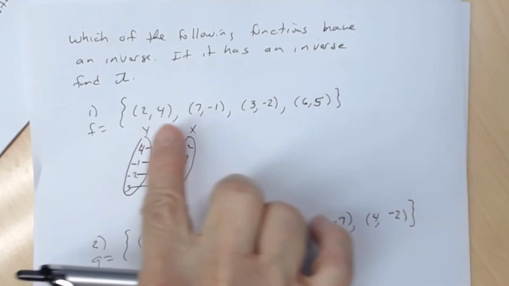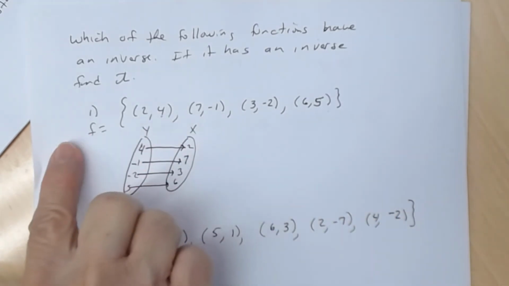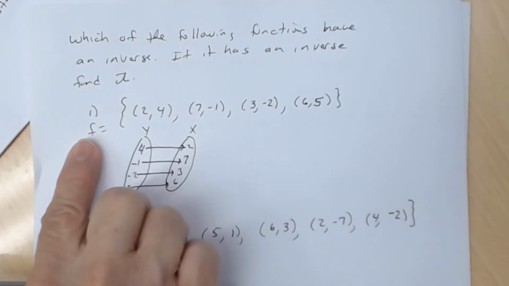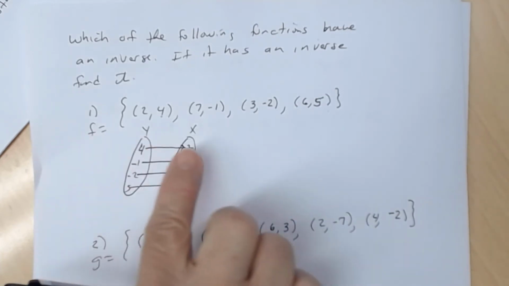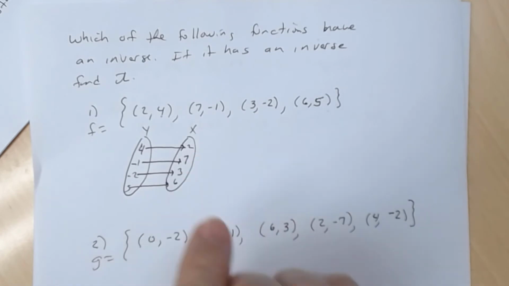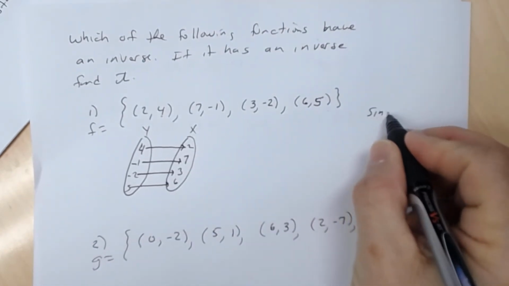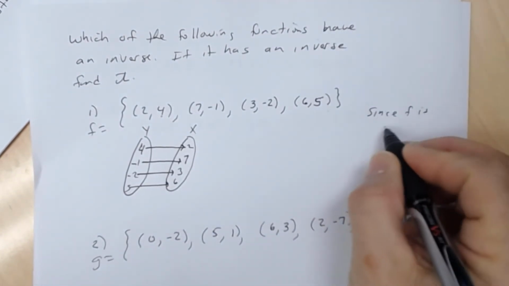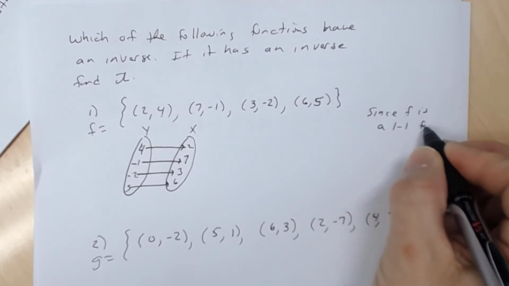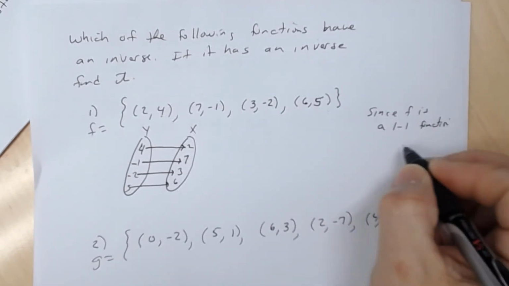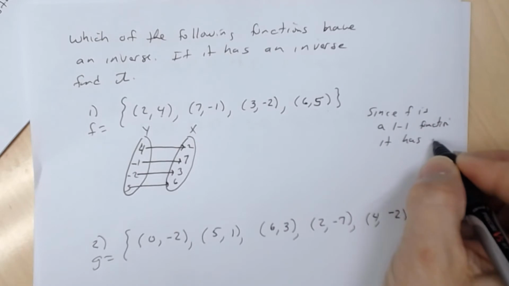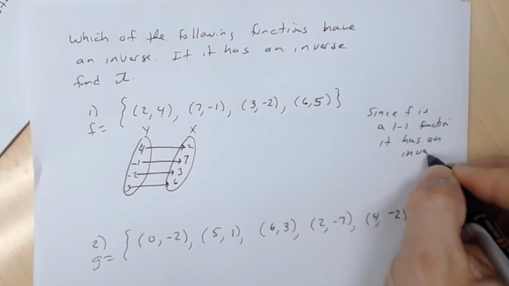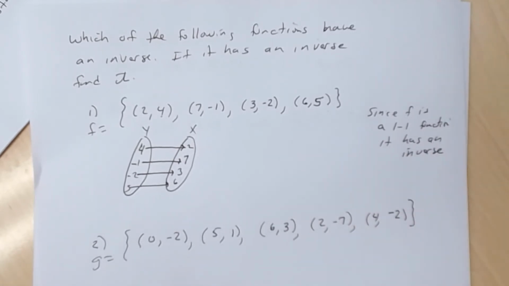So this set of ordered pairs, which I've named f, is one-to-one. So since f is a one-to-one function, it has an inverse.